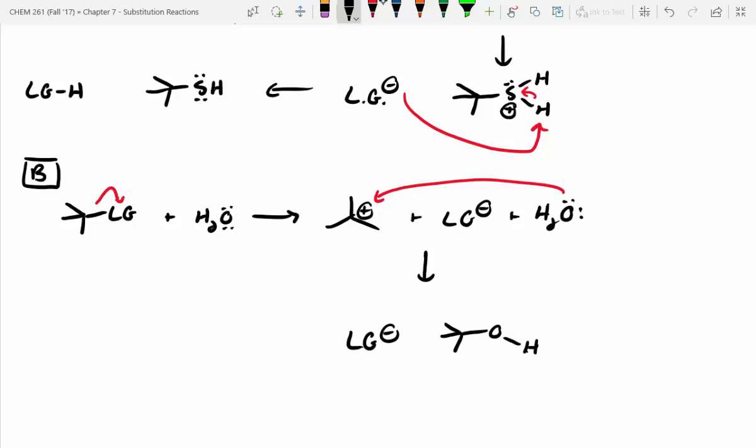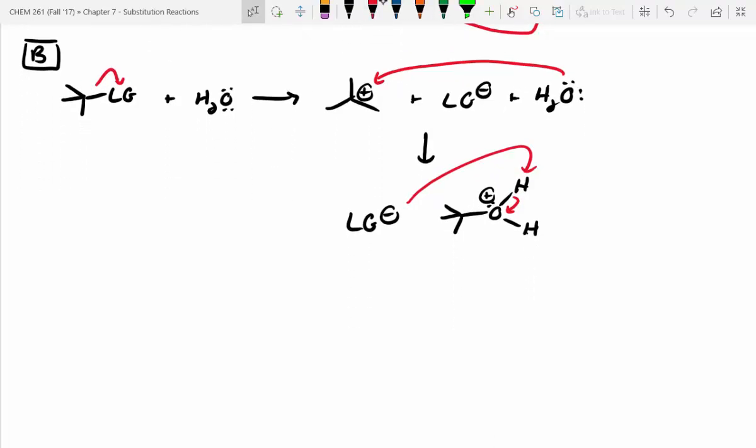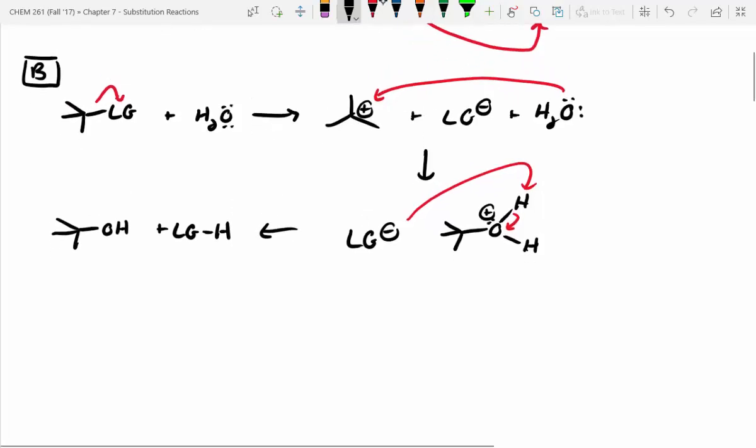We now have our water that formed a covalent bond, but it's got a positive charge, which means the last step of this reaction, again, will be that proton transfer. It's not unusual to see a proton transfer as your last step, especially for SN1 reactions. So now we've made an alcohol plus our leaving group that now has a covalent bond to hydrogen. All right. So now what I want to consider is which reaction is faster.